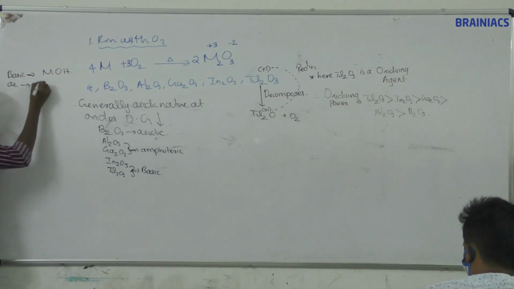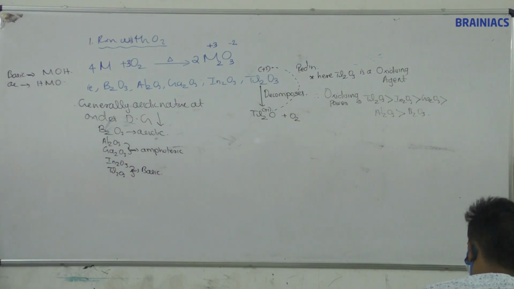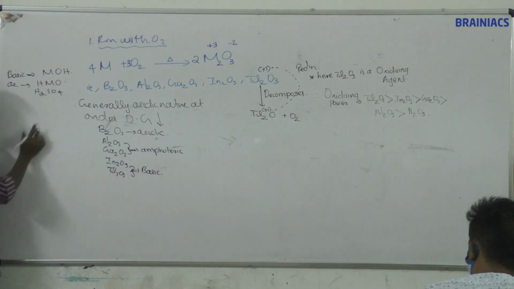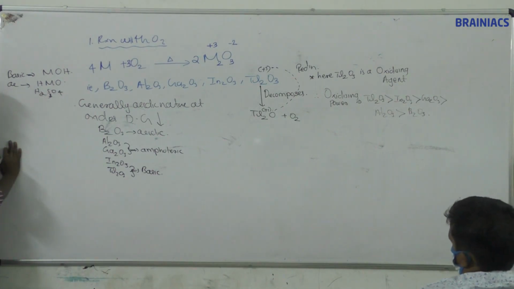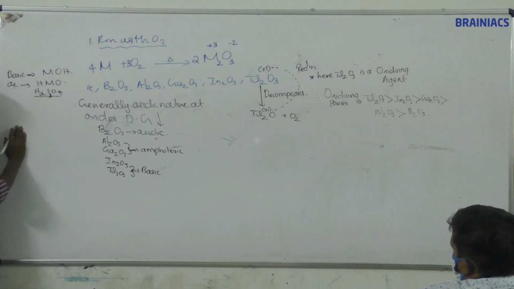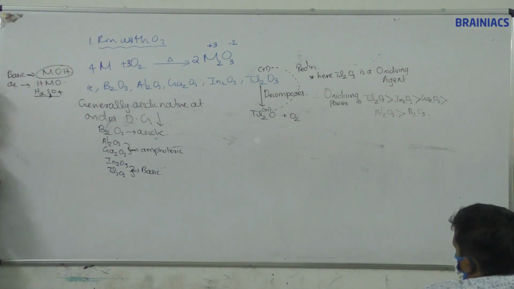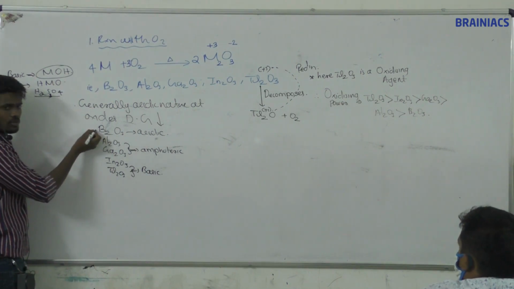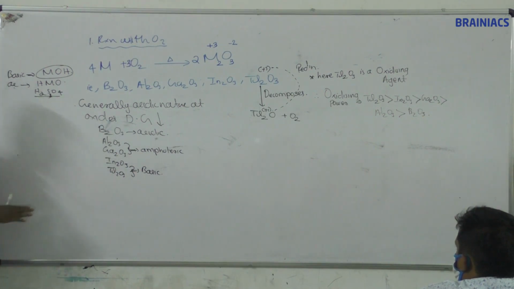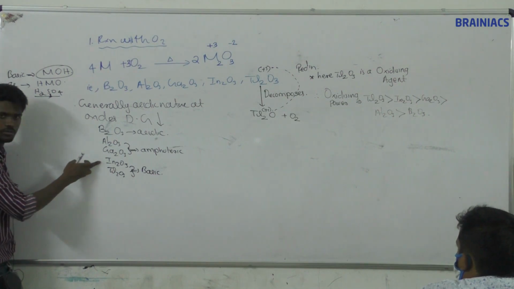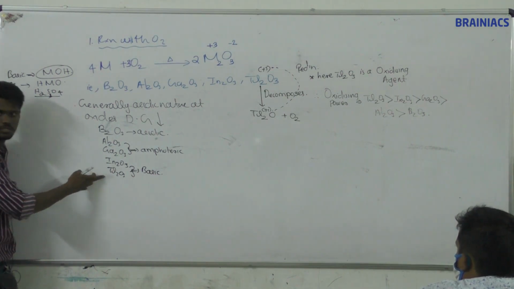If acidic, they are represented as HMO, like H2SO4, which is the hydroxide of sulfur. So B2O3 reacts with water to give B(OH)3, Al(OH)3, Ga(OH)3, In(OH)3, and Tl(OH)3.